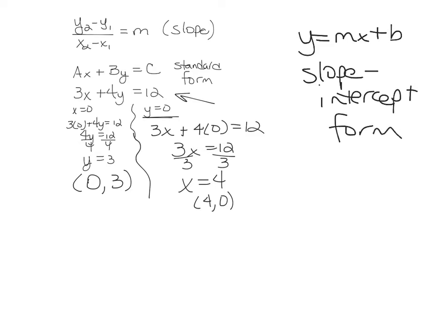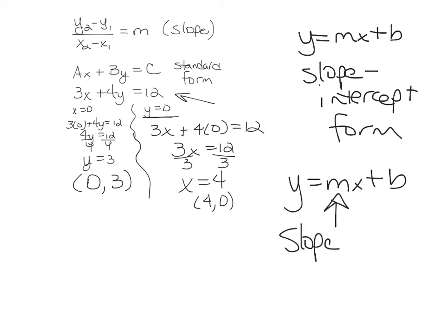And we're going to be using this one today. Now, in my equation, y equals mx plus b, what's the m? Slope. What's the b? Good. Remember that the slope is the m and the y-intercept is the b. Good so far? So this is a review.